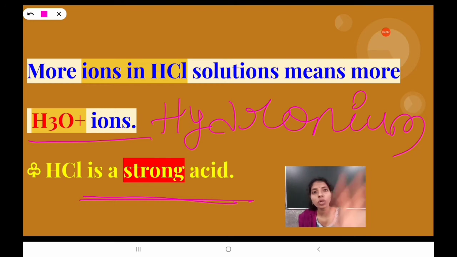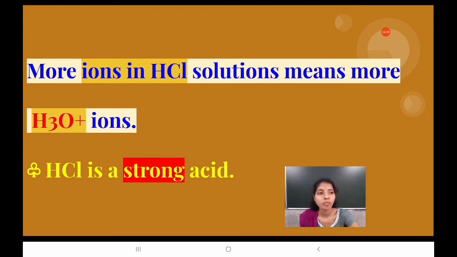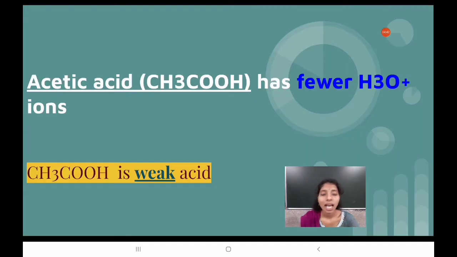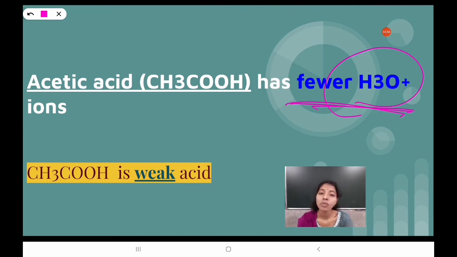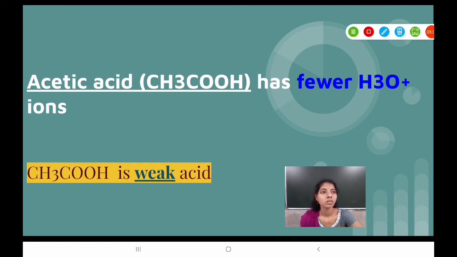So then what about the acetic acid? So acetic acid has fewer H3O+ ions, right? So we can say that acetic acid is the weak acid, right?